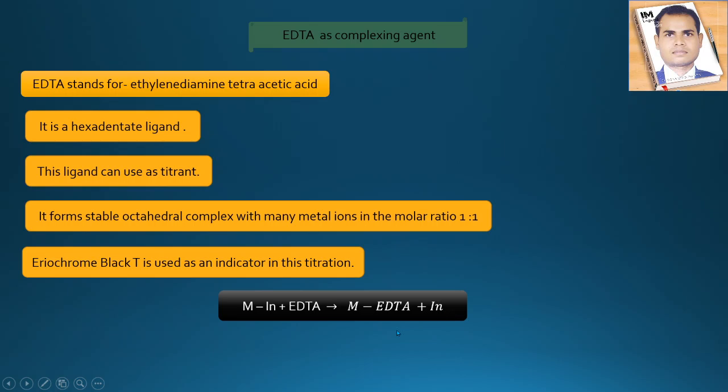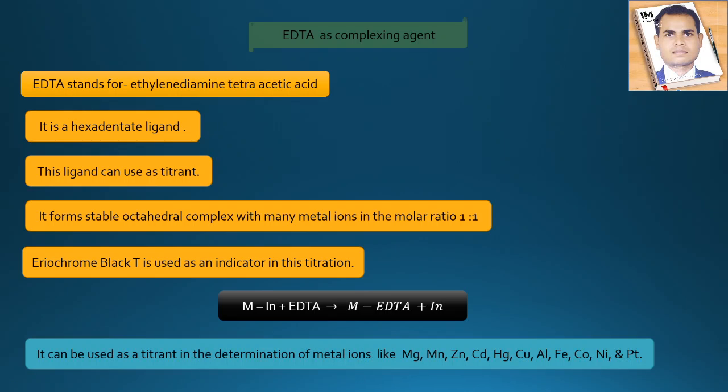In this way it can be used as a titrant in the determination of metal ions like magnesium, manganese, zinc, cadmium, mercury, copper, aluminum, iron, cobalt, nickel and platinum.